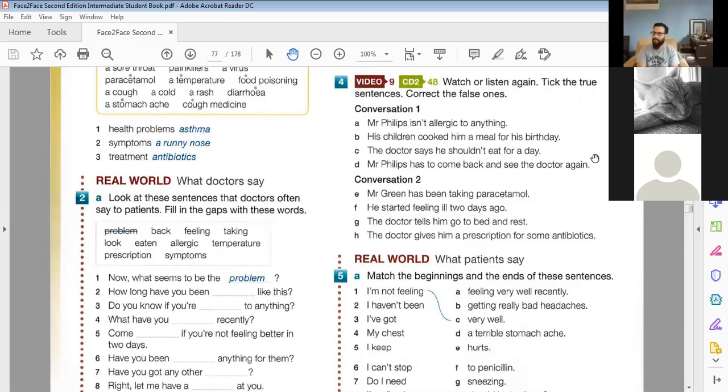Right, let me have a look at you. Say ah. That's fine, thanks. I'm just going to take your temperature. Yes, got a bit of a temperature, but nothing serious. I think you've got a virus.